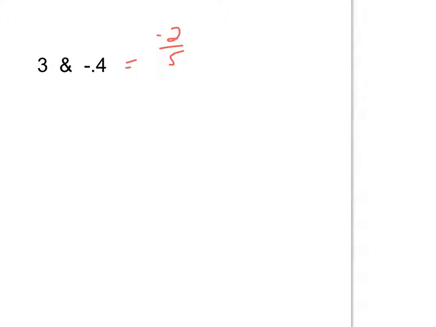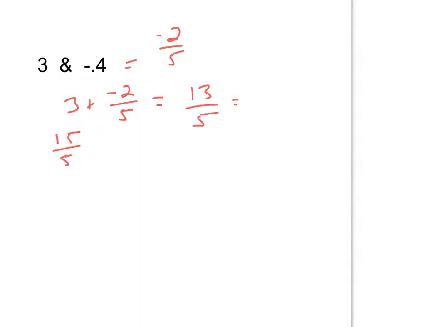Okay, so what I'm going to do is add these two roots to get my -b over a. 3 plus -2/5 is going to equal 15/5 minus 2/5, which is 13/5.